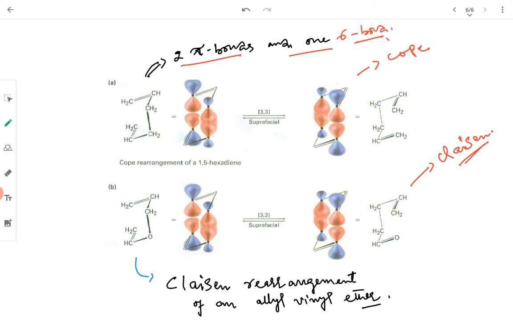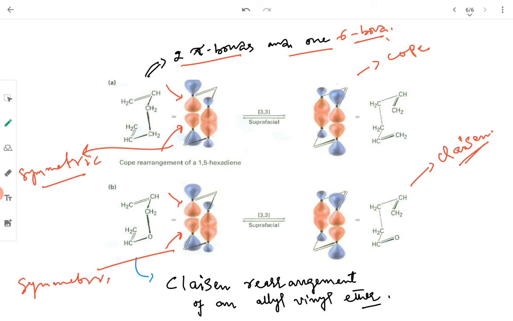You can see these orbitals here at the end, they are symmetric. So it's the HOMO, and both are symmetric. When they are symmetric, it means they will involve suprafacial rearrangement. And this is how this suprafacial rearrangement has occurred.